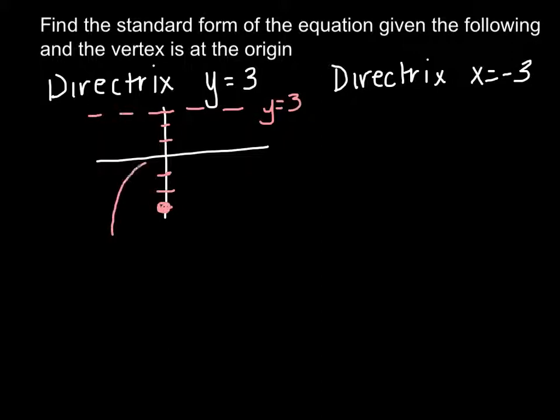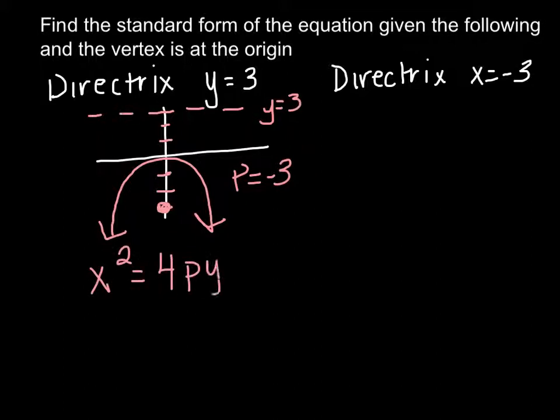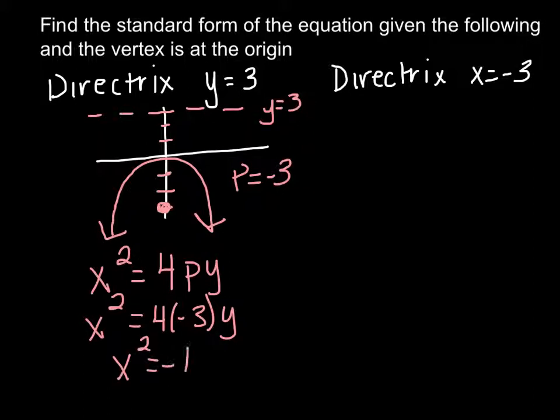Therefore, my parabola is going to look like this. So we know the p-value is negative 3. Since it's up and down, I have x squared equals 4py. When I plug in for the p-value of negative 3, I get x squared equals negative 12y for my equation.